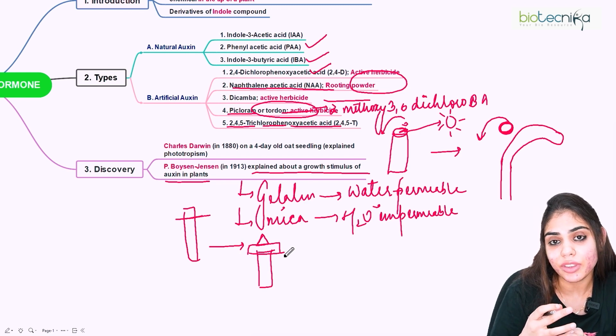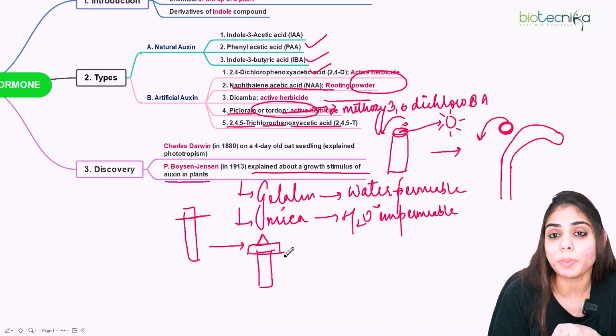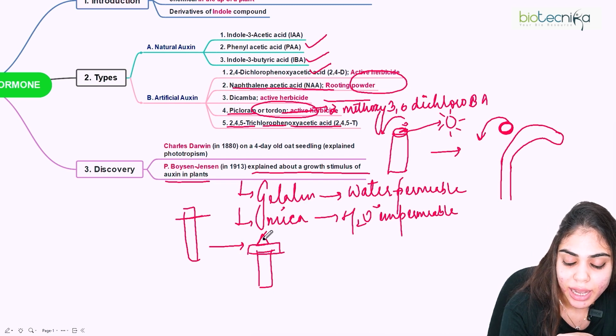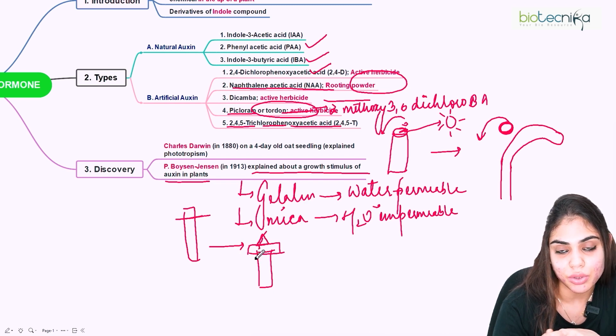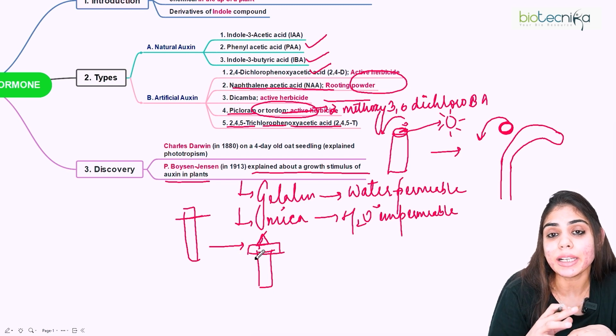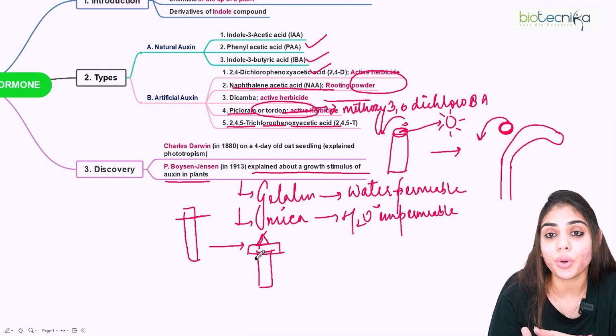Suppose the plant is again exposed to sunlight, again growth stimulus will be produced in the tip of the plant and this growth stimulus will again be transmitted to the growth zone. And again cell elongation will happen, ultimately bending the plant towards the light. This is what is called phototropism.